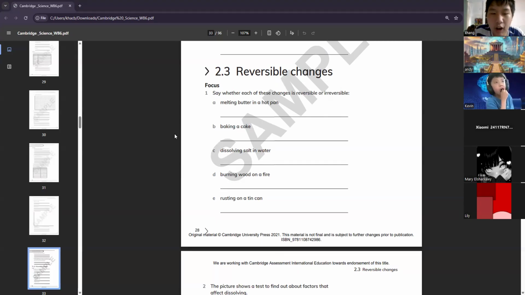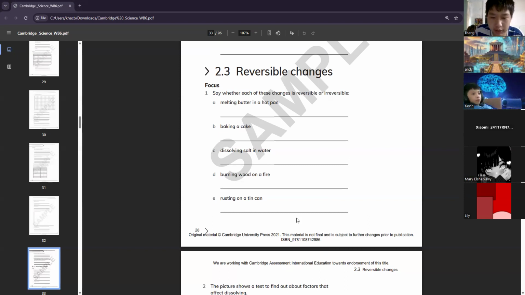Now, is dissolving salt into water reversible or irreversible? Reversible. Why? Because when you evaporate the water, the salt will appear. Well, yeah, you are correct. Dissolving salt in water is reversible. Now, what about burning wood on a fire?